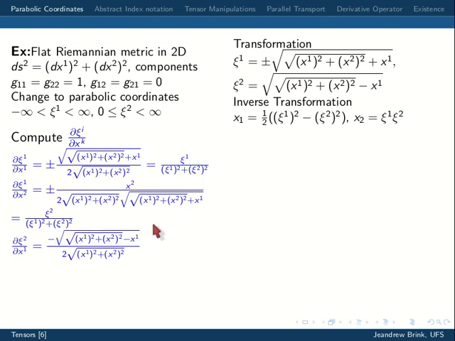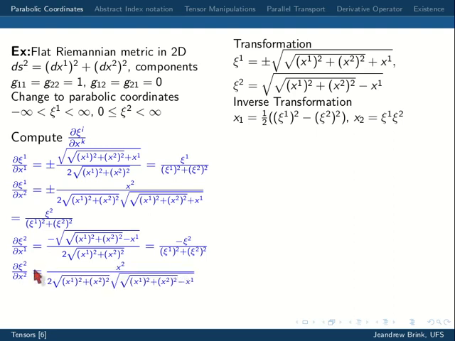And we can go on and do the same thing: dx2, dx1 is just minus xc2 over the squares. dx2, dx2 is also just xc1 over the squares. Okay, so sorry, this is our Jacobian.